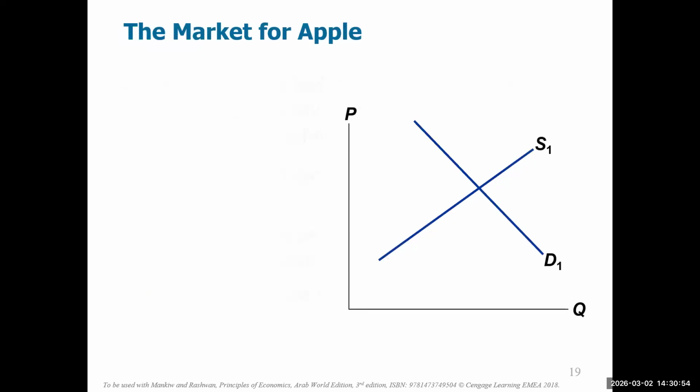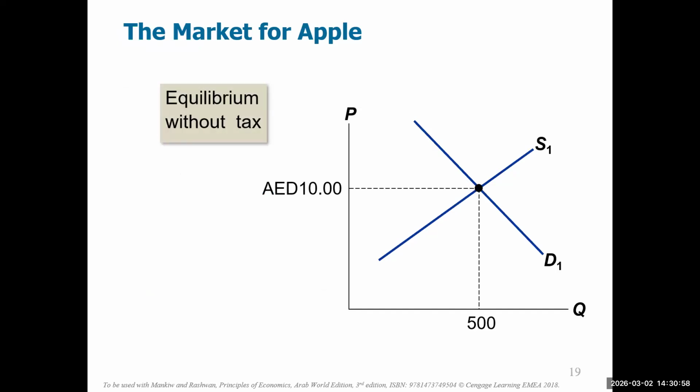All right, let's have a look at this funny example of apples. Apple is happy here. There's nothing wrong happening here. 10 dirhams a kilo, 500 kilos of apples are traded in the market. There's no tax, nothing. Everybody's happy. There's no shortage, there's no surplus. Now something happens here.